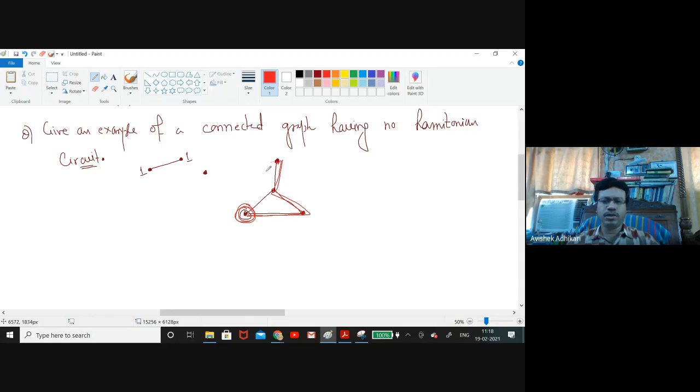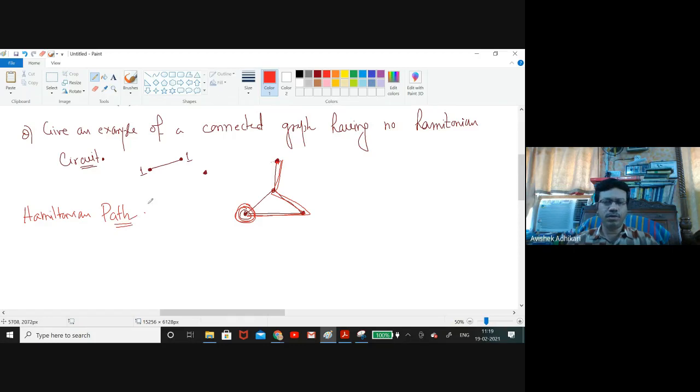That means if a graph has a Hamiltonian circuit, then if you remove any one of the edges from that circuit, it will have this particular property. So we call this a Hamiltonian path. It should not come back to the original position.